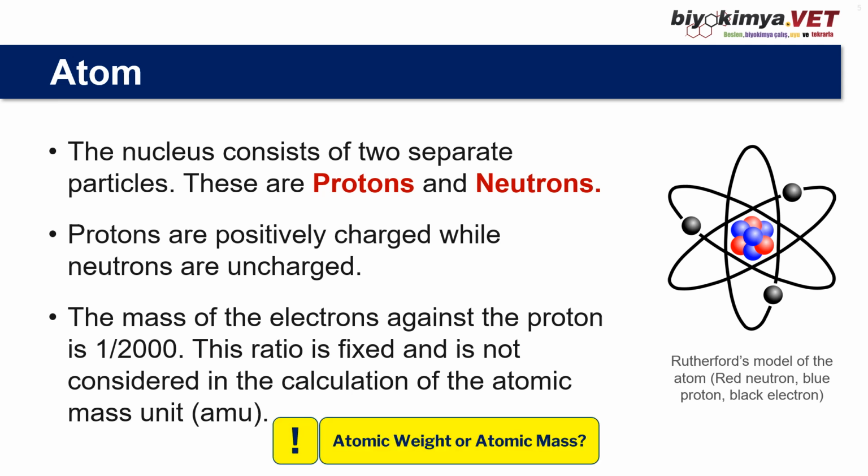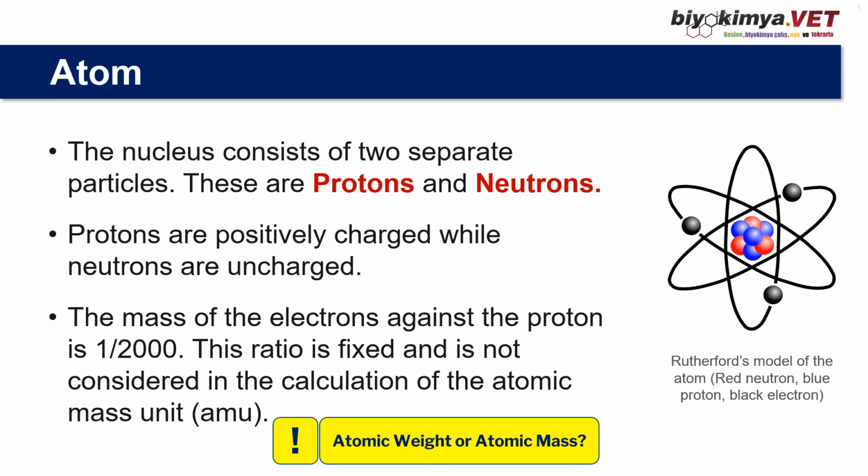And here a question to you: what is the difference between atomic weight or atomic mass, or which one is correct, or what is the difference between weight and mass? Let's try to answer the differences between weight and mass.